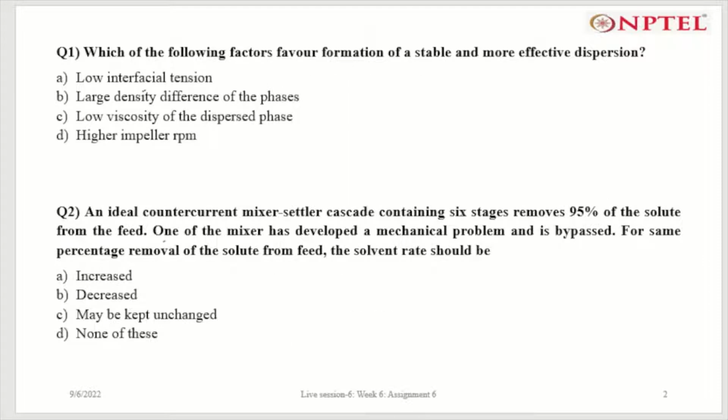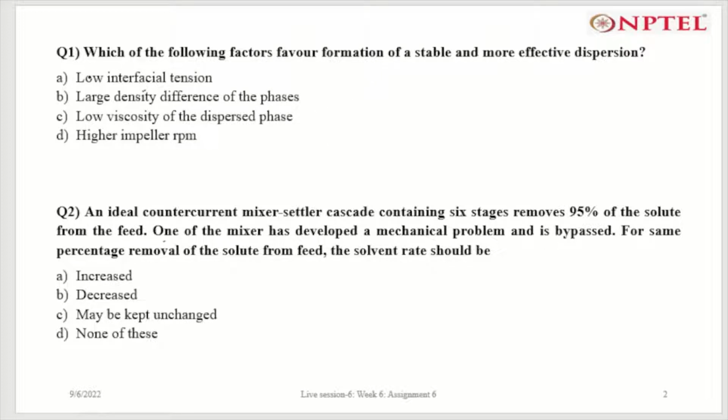Starting from the MCQ ones: which of the following factors favor the formation of stable and more effective dispersions? Options are low interfacial tension, large density difference of the phases, low viscosity of the dispersed phase, and higher impeller RPM.